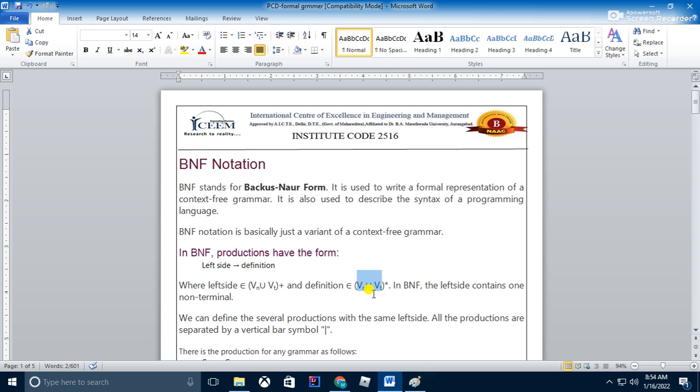In BNF, the left side contains one non-terminal, which is derived by the definition or set of production rules.